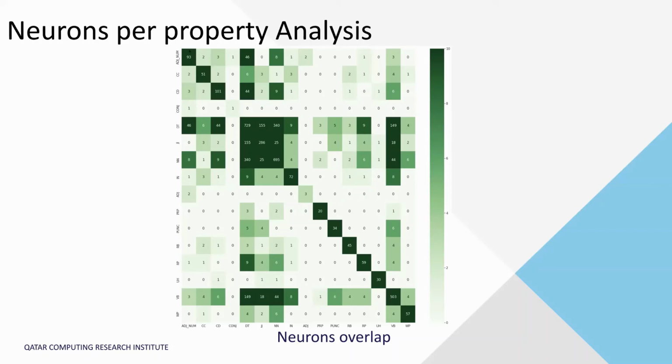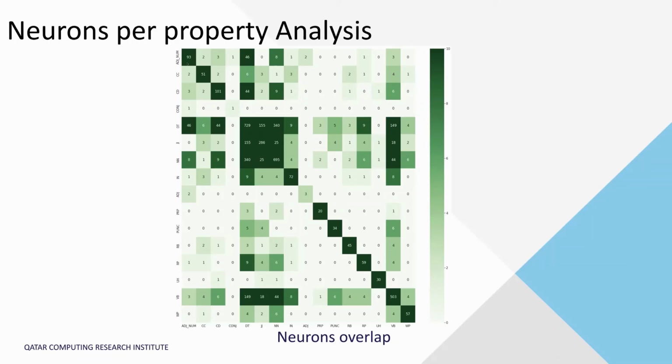The same thing applies to another group here on the top, which is related to adjectives and conjunctions. CC is conjunction, so for example wal-akhdar wa something.